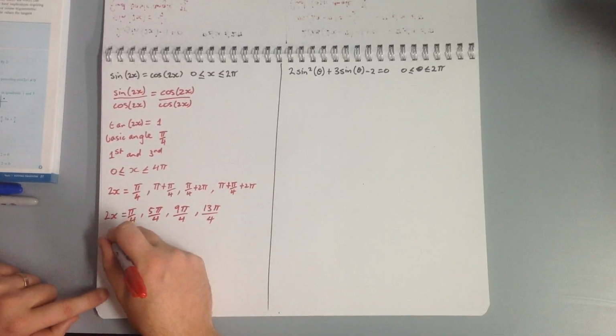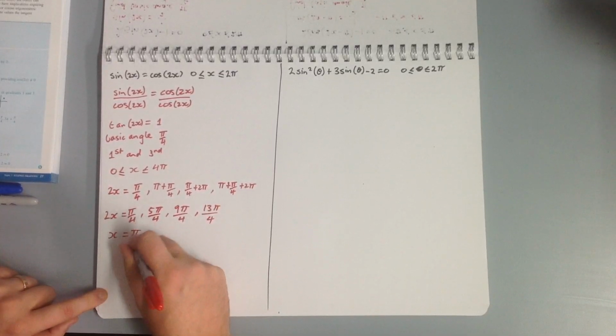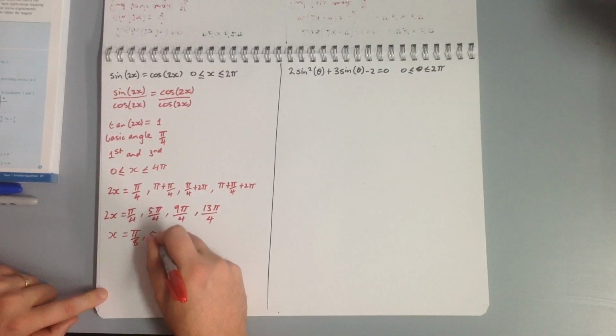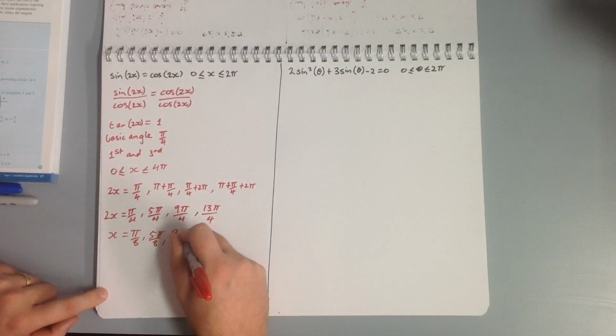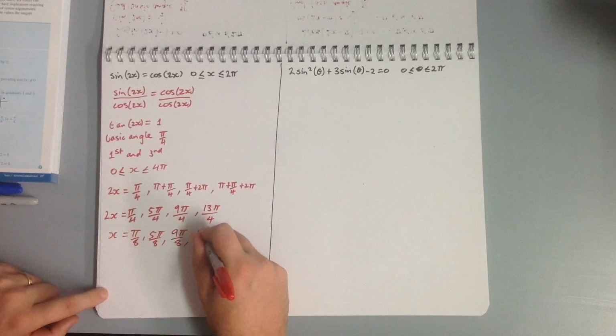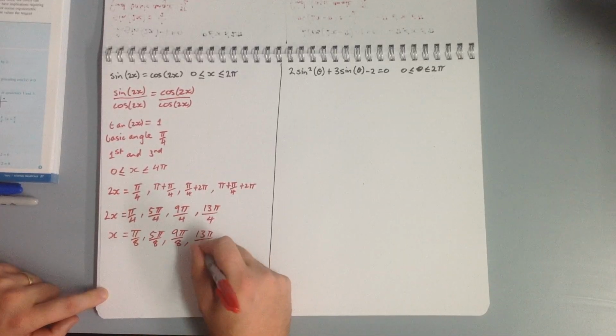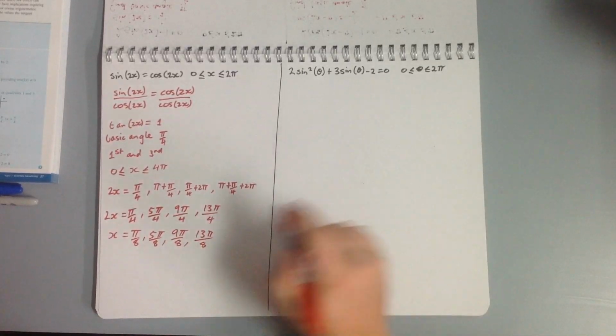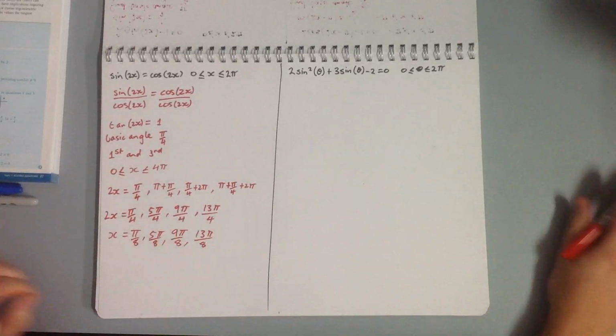And then we can divide by our 2 again to get pi on 8, 5 pi on 8, 9 pi on 8, and 13 pi on 8. We'll keep moving on to our next one here.